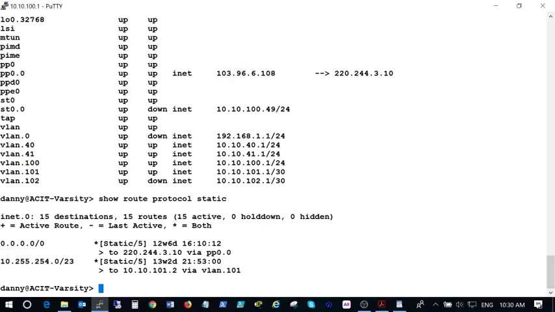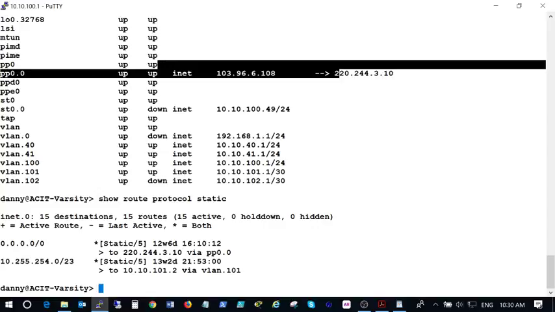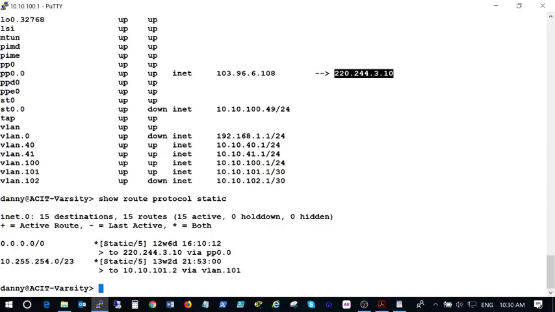There it is, see that? It's the same as that. So again, it's our internet connection, and it's sitting in the untrust zone. So what kind of policies might we have on that zone? We'll take a look at that later and let you think about that for now.